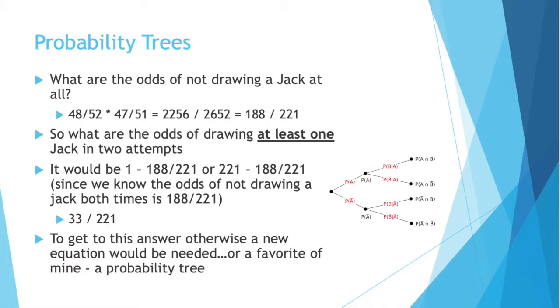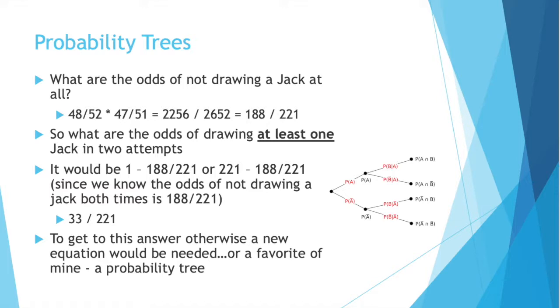Okay, so what are the odds of drawing at least 1 Jack in 2 attempts? You could draw it the first time, or you could draw it the second time. Well, here's where things get a little more complicated. Because you know the odds of getting no Jacks at all is 188 over 221, you could just say the odds of getting 1 or more Jacks is 1 minus 188 over 221, so 33 over 221.